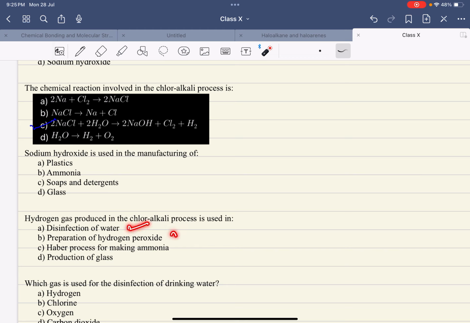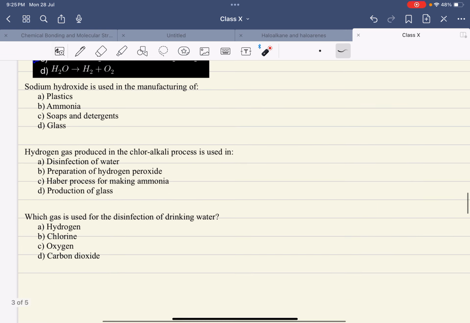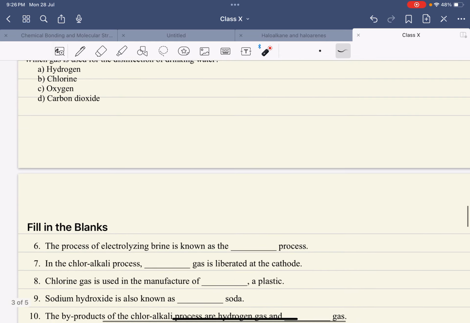Water treatment, preparation of hydrogen peroxide, Haber's process for making ammonia, or production of glass. Please again identify the answer. Which gas is used for disinfection of drinking water? Hydrogen gas, chlorine gas, oxygen gas, or carbon dioxide? Firstly think what the correct answer is. The answer is given at the end of this topic.